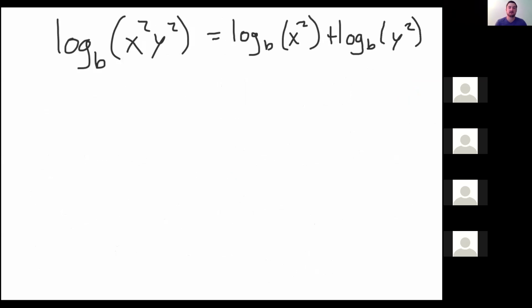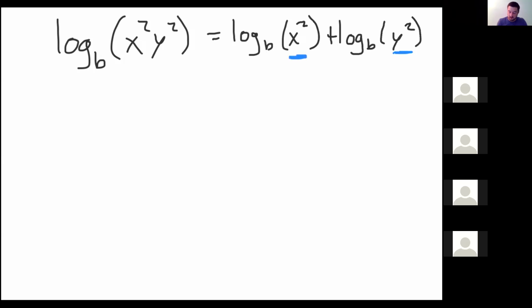Now, again, the question is, do I have any more log properties that I can apply? If I can't, then that's where I would stop. But in both of those logs individually, I see that I have an exponent. And everything inside that log is to the same exponent. When I look here, I see x to the squared. When I look here, I see y to the squared.